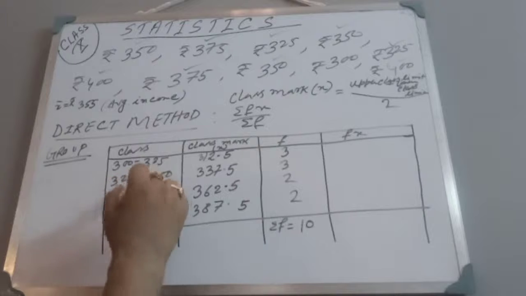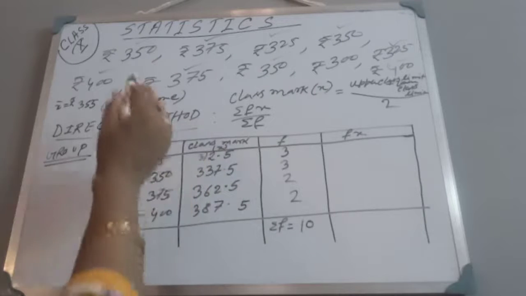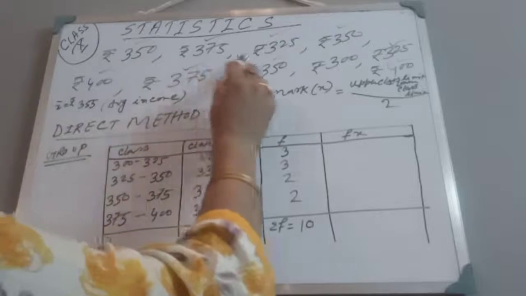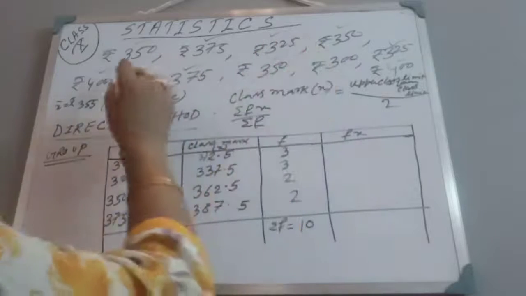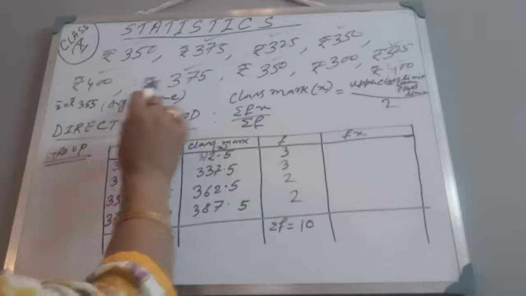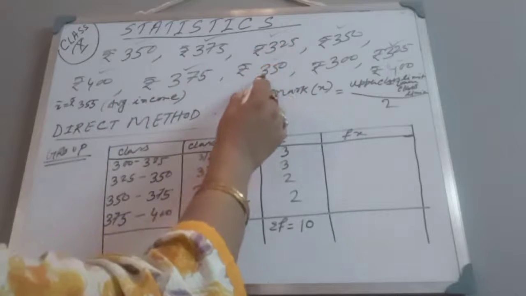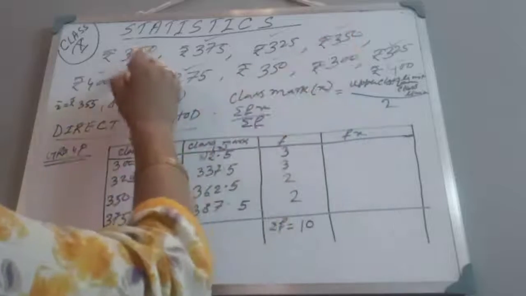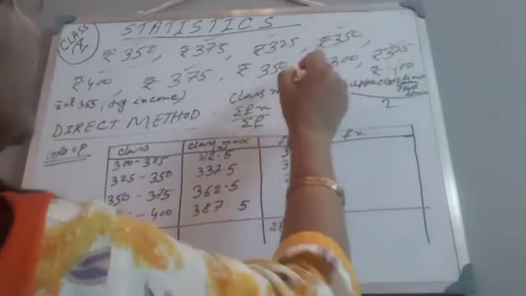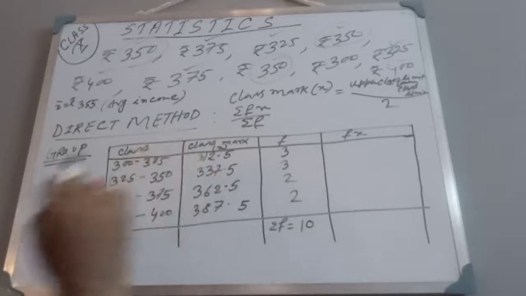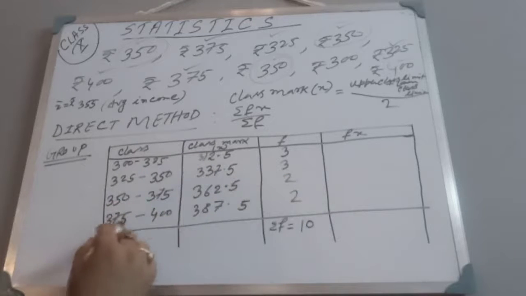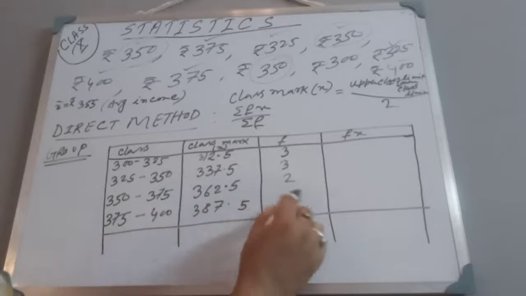So in 325 to 350 we count 350 here, here, and here, which is why it is 3. Similarly, 350 to 375 has 2, and 375 to 400 has 2.